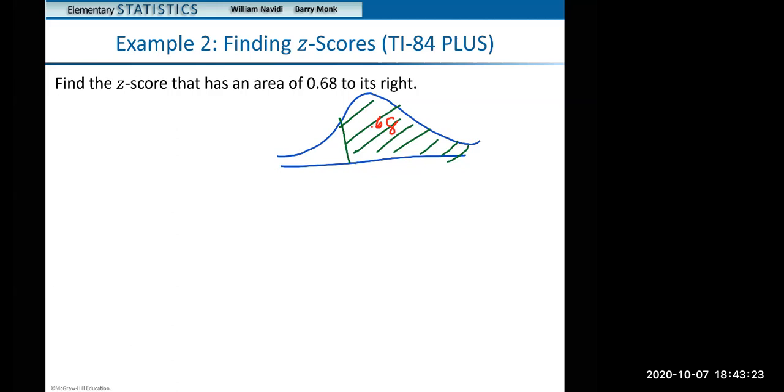Okay. So here I'm going to show you 2 things. Second VARS, inverse norm.